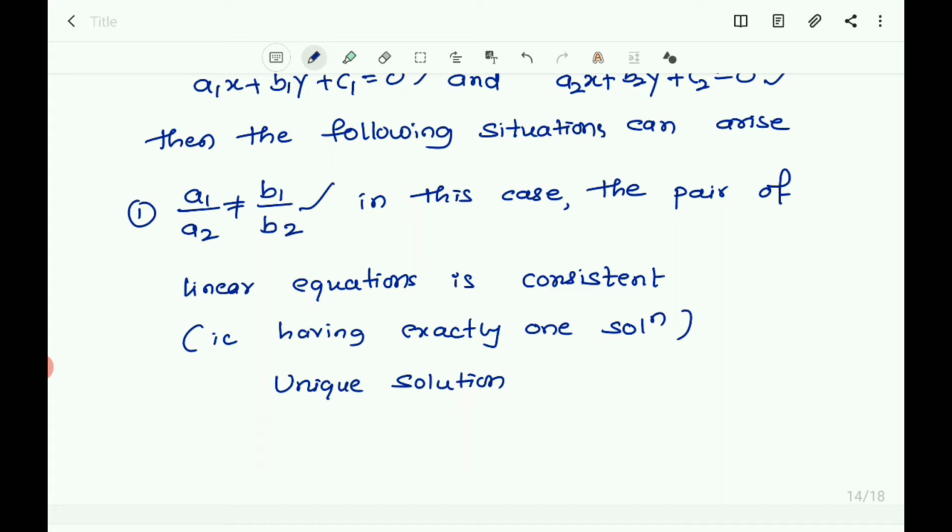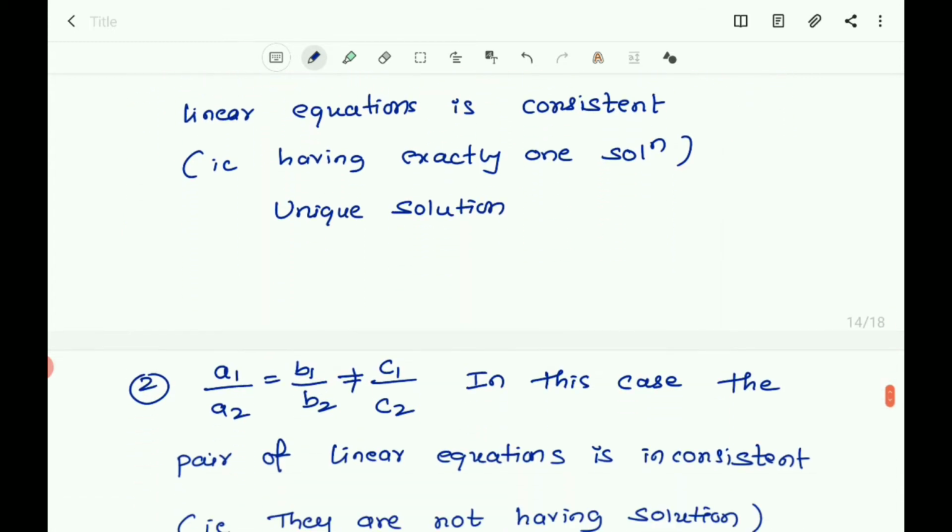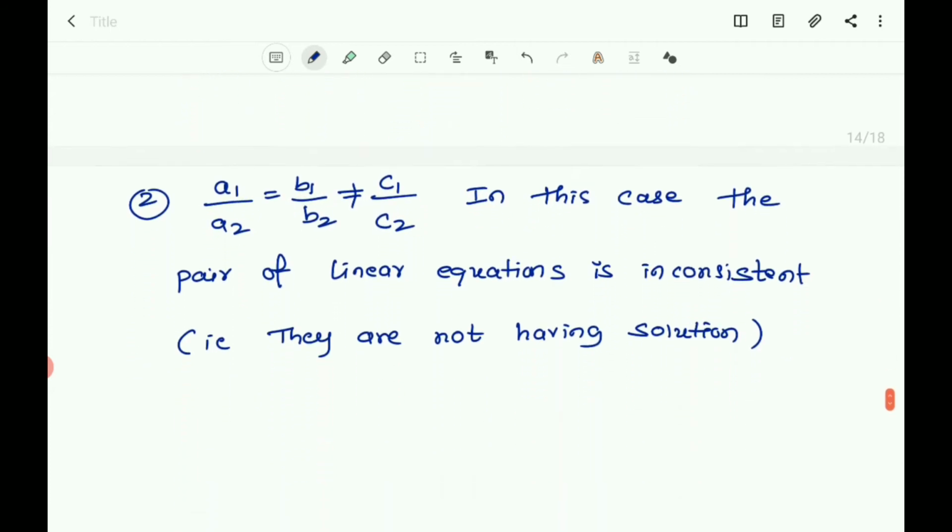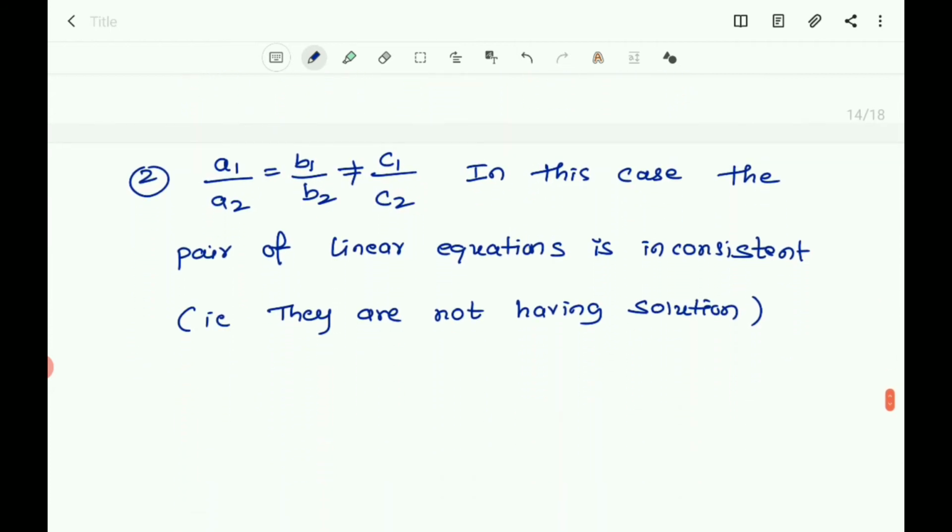The second situation is a1 by a2 equals b1 by b2 but not equal to c1 by c2. In this case, the pair of linear equations is inconsistent, which means they have no solution.